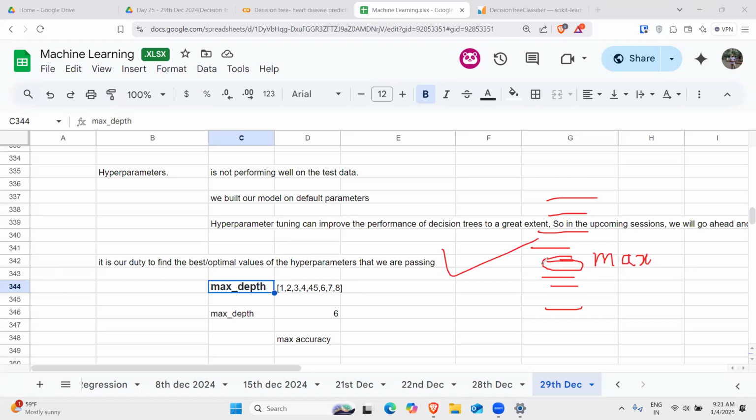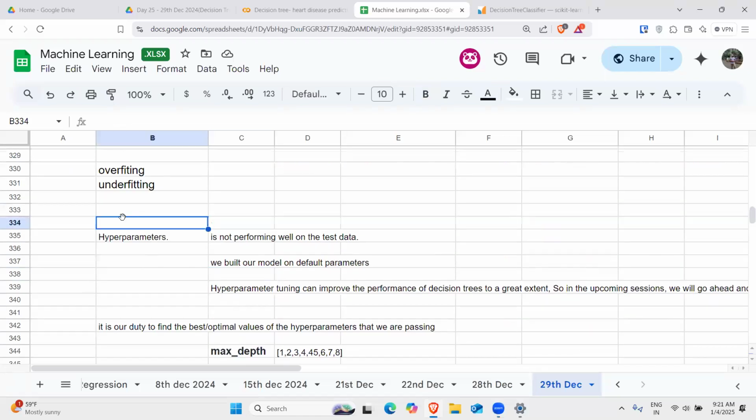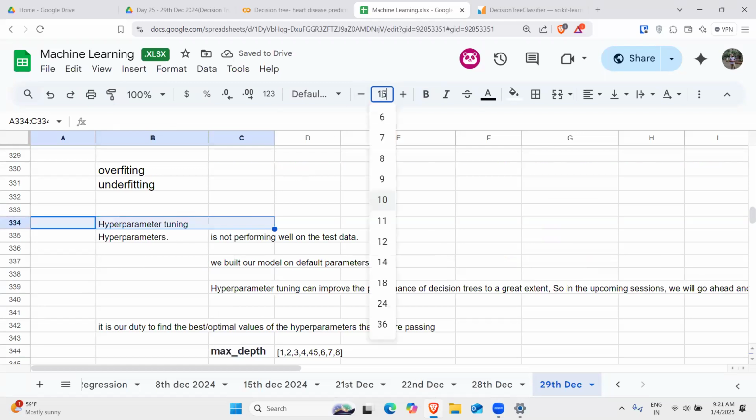So if you select that, you'll be able to improve your model's performance. Yes or no, guys? Right? So that's the reason we do hyperparameter tuning. It's a very simple concept and very effective as well, which we should use to increase the accuracy of your model, right?